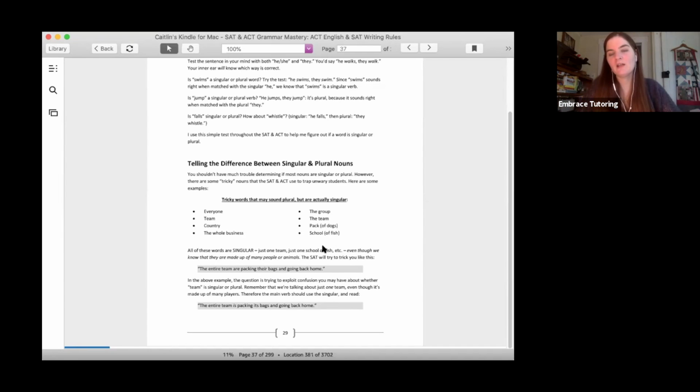So that's what we're dealing with here in terms of these tricky nouns, things that are dealing with a collective group. Okay, so that means it's one group, even if it has many different parts. Like a school of fish has many different fish in it, but it's still just one school of fish.